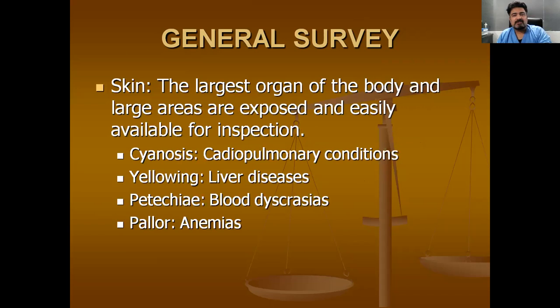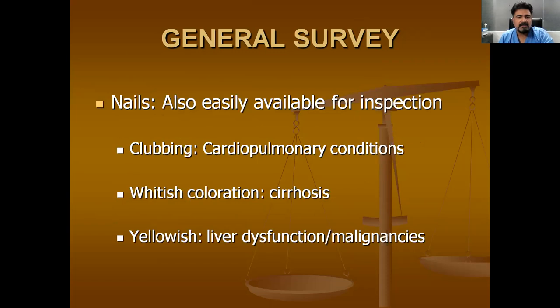Skin is the largest organ of the body and large areas are exposed and easily available for inspection. If you see cyanosis in the skin, then you may suspect cardiopulmonary conditions. Yellowing means liver disease. Purpura means blood discharges, pallor in anemic patients.